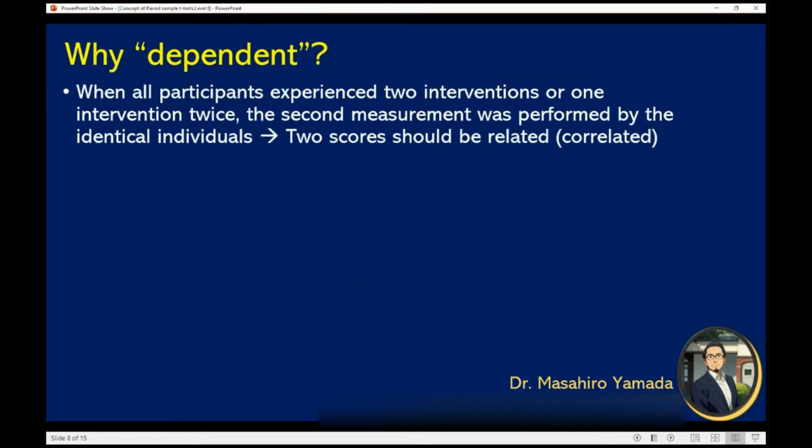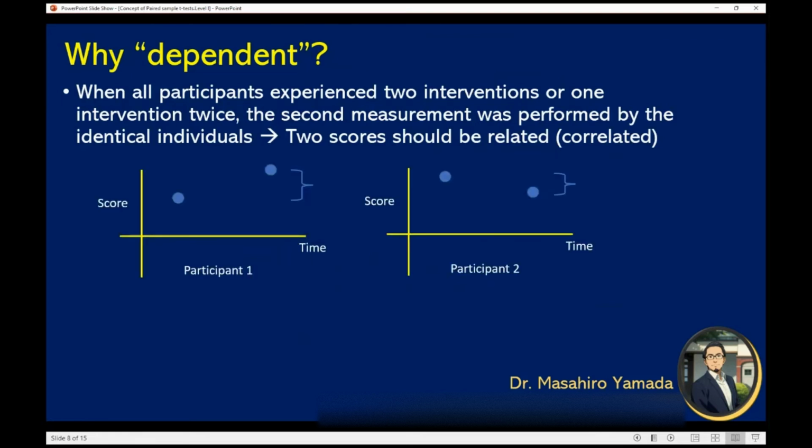Okay, so why are data dependent? Because when all participants experience both conditions, you will have two data or a pair of data for each participant, right? So this data point and this data point, it doesn't matter if it's before or after or condition 1 and condition 2, those data are collected from the same individual.